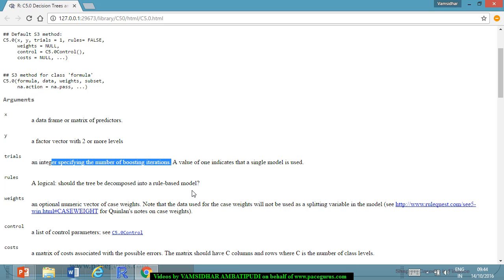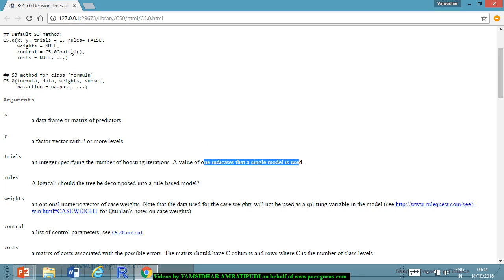If I am not setting the value, the default is 1, so there is no boosting that is going to occur. If the value is 1, it indicates that we are using only one model. But otherwise I can make it 10, 15, 20 so that 20 different models can be used, and based on them that classification decision can be chosen.